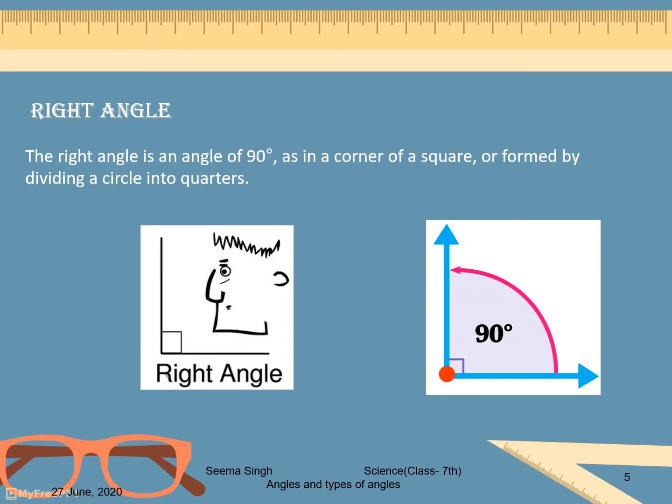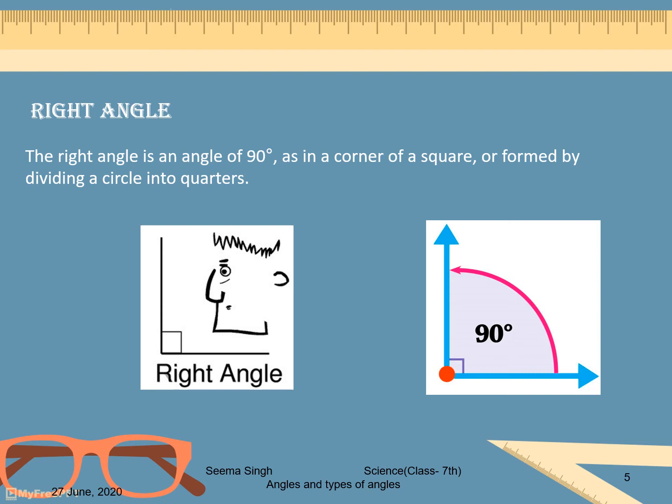Now, let us try to understand what is a right angle. Right angle is very simple. We know that any angle that measures 90 degree is termed as a right angle. For example, the corner of a square. As I told you earlier, the angle formed by two walls at a point is a right angle.